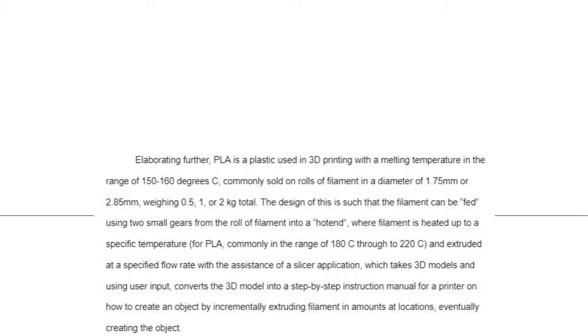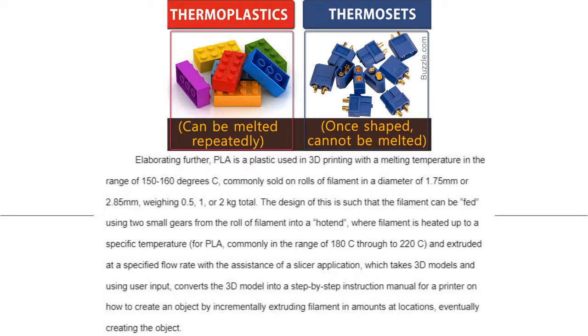Elaborating further, PLA is a plastic used in 3D printing with a melting temperature in the range of 150 to 160 degrees C, commonly sold on rolls of filament in a diameter of 1.75 millimeters or 2.85 millimeters, weighing 0.5, 1, or 2 kilograms total. The filament can be fed using two small gears from the roll into a hot end, where it is heated to a specific temperature.